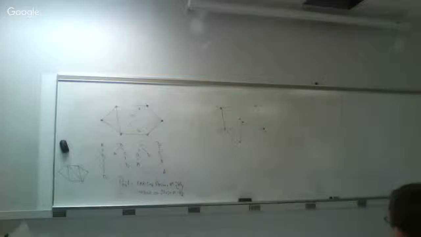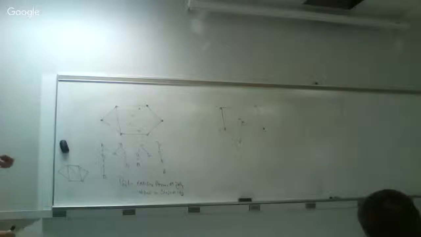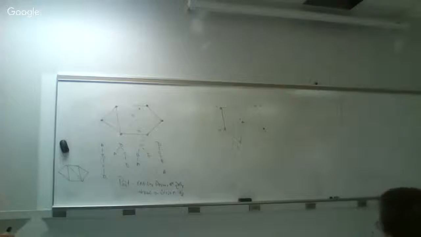So looking at this, thinking about how you might triangulate it, or thinking about what's potentially going to be an ear on this, or better yet, think of what's potentially the tip of an ear on this polygon. So pick your favorite way to triangulate it, and then in that triangulation, think of which nodes make the tips of the ears.